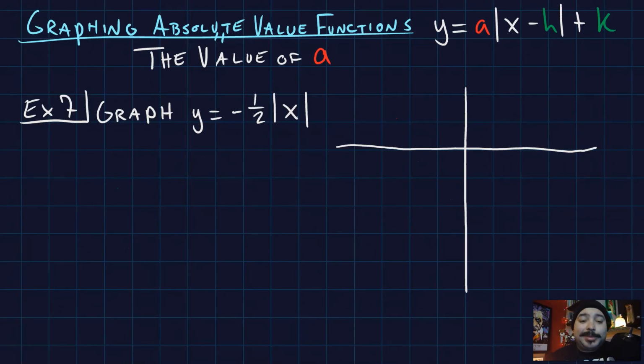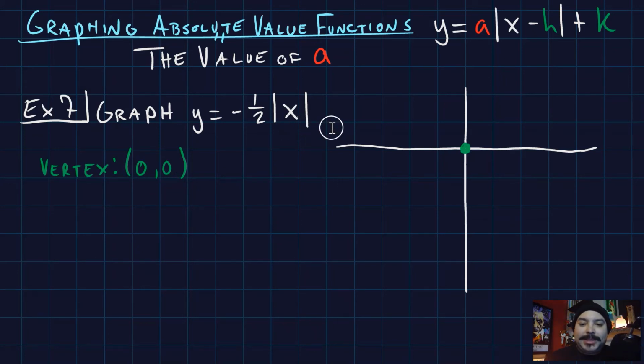In example number 7, we will graph y equals -1/2 times the absolute value of x. Once more, our vertex will be at the origin. Since the values for h and k do not appear in our equation, they are both equal to 0.